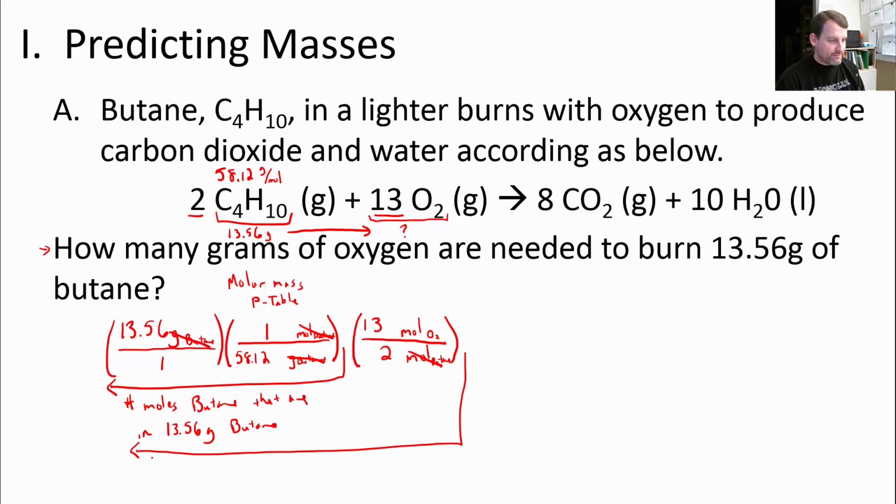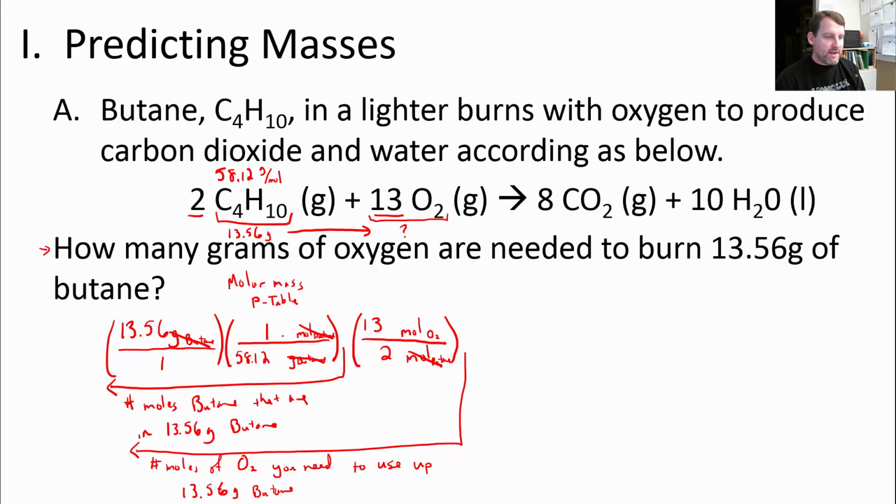Let's write that down. Number of moles of oxygen you need to use up 13.56 grams of butane.